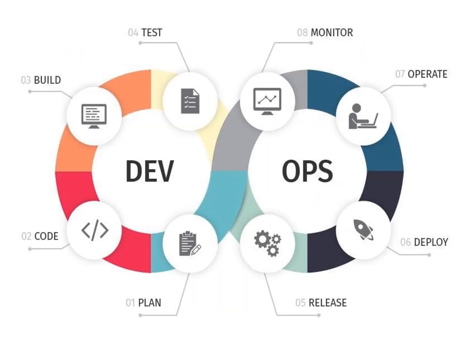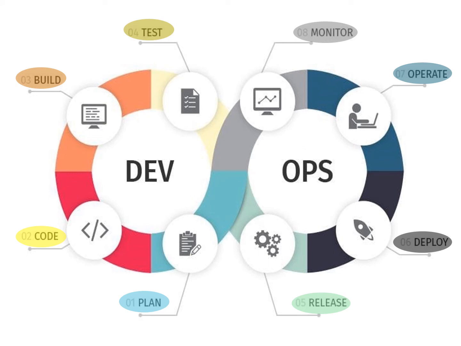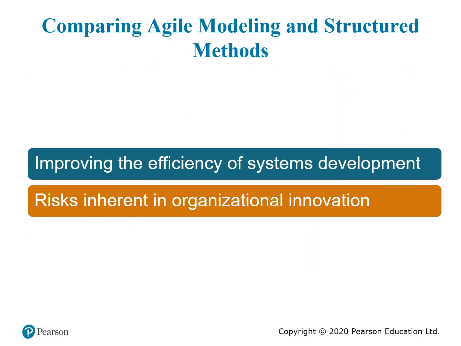Okay, this is another illustration showing that we start with planning under development, then coding, then building the software, then testing, and then for operations we go for releasing, deploying, and operating, and then monitoring.